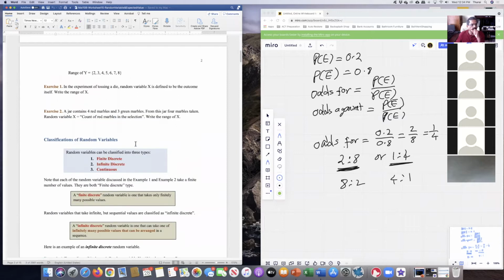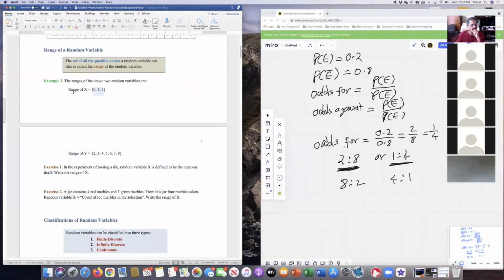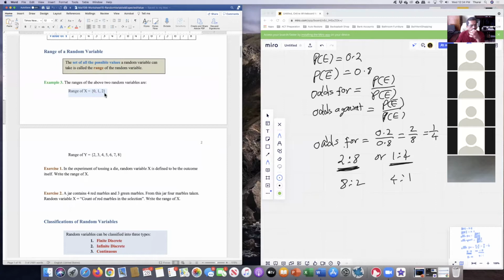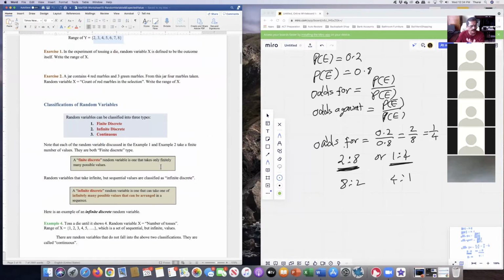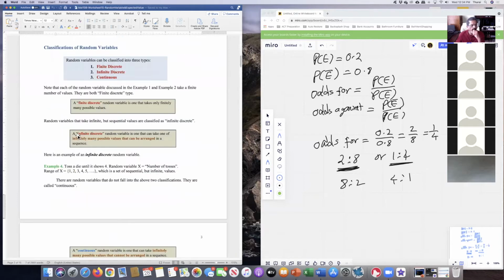So let's go to one example. Look at the range of X: 0, 1, 2 are the only values. That's finite discrete. The range of Y is also finitely many, finite discrete. So if it is finitely many, then it is finite discrete. But infinite discrete means the values are infinitely many, but discrete means you can actually list them, you can put them in an order.